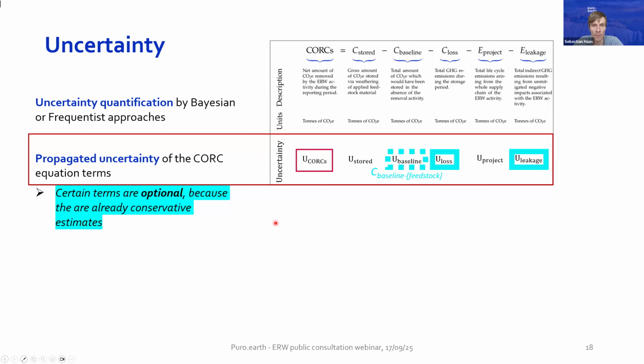The rationale behind that is that these are already sort of conservative estimates or conservative considerations subtracted from the CORCs that we don't want to further penalize with the associated uncertainty discount that we get to next.